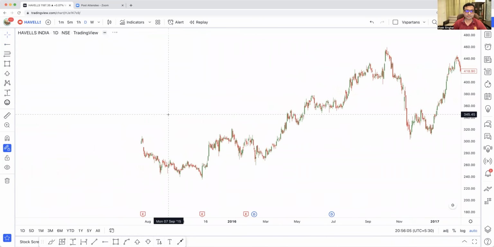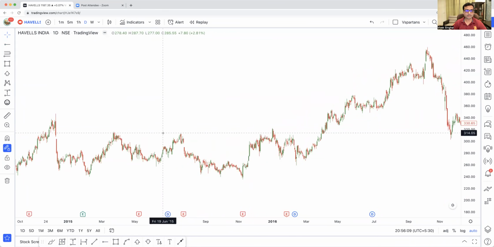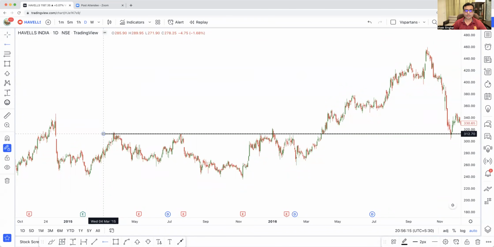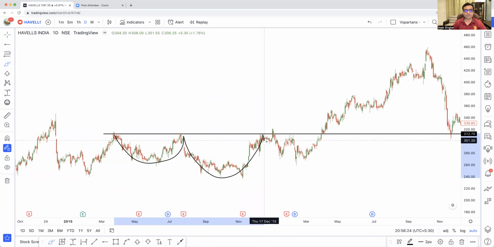No. Let's see if we can see one here. Exactly, so this is the one. This is the left shoulder. This is the head. This is one small shoulder. There is one more shoulder and there is one more shoulder.